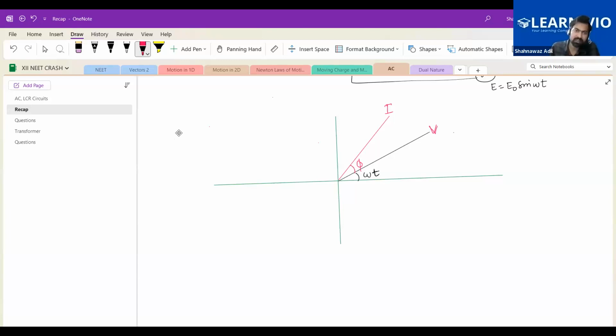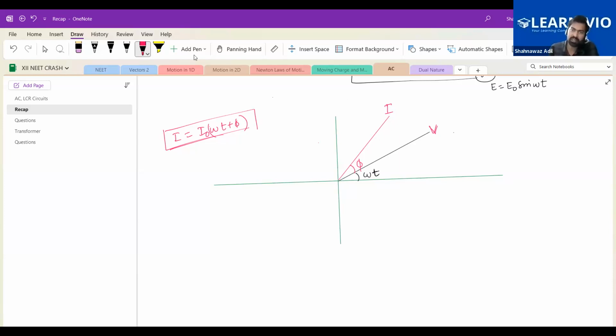So I is I naught sine omega t plus phi. And we know that the voltage of the resistive circuit would be in the same phase as this current.